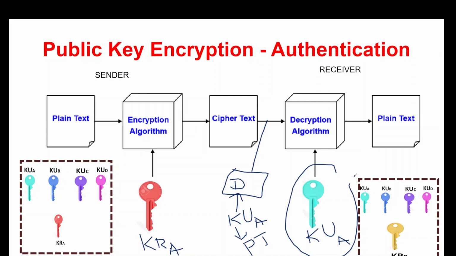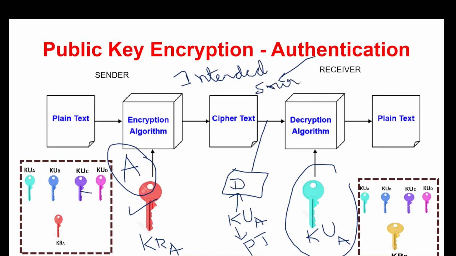But what it guarantees is this: if the message can be decoded with the public key of A, it means that it was encrypted by the private key of A. Who is holding the private key of A? Only user A. So it ensures that only user A could have generated this message. So it provides authentication. We all know that authentication means whether the message originated from the intended source.